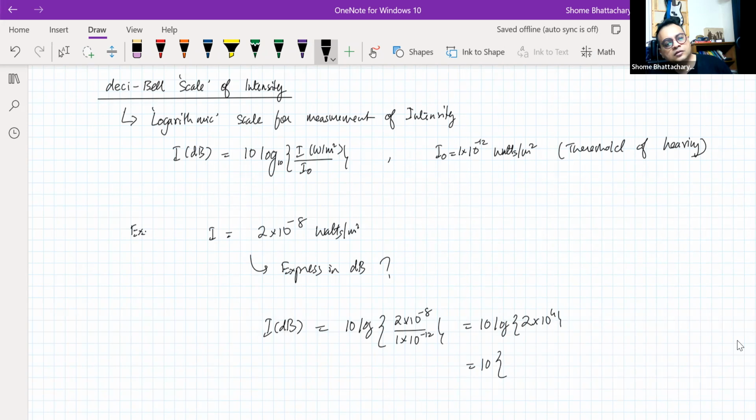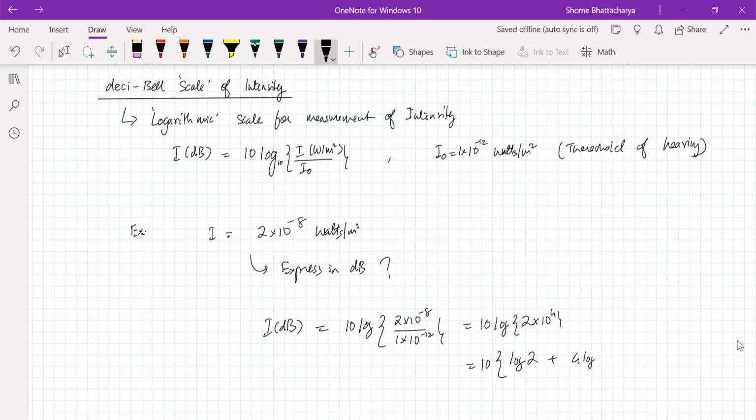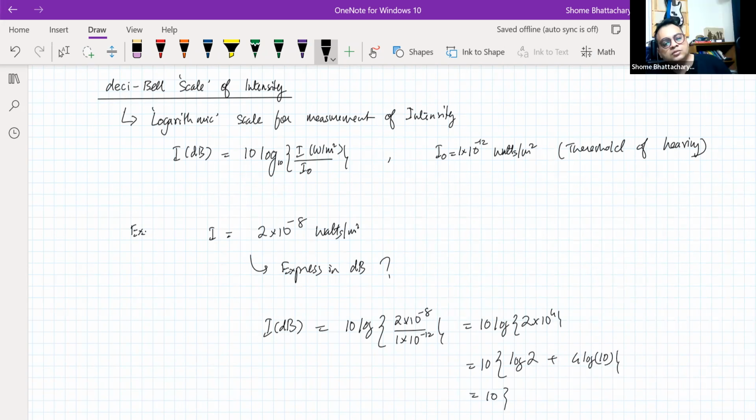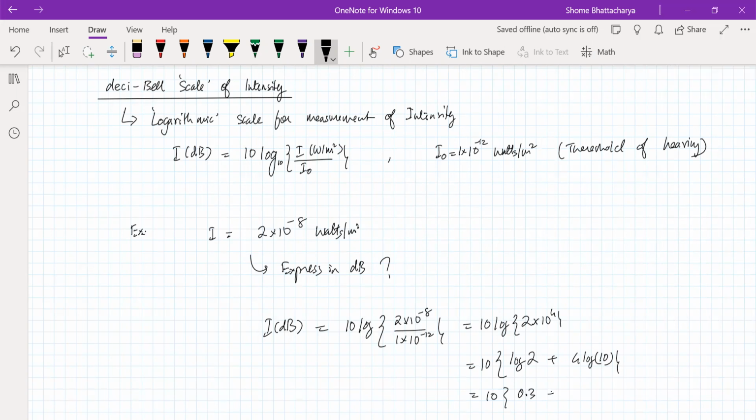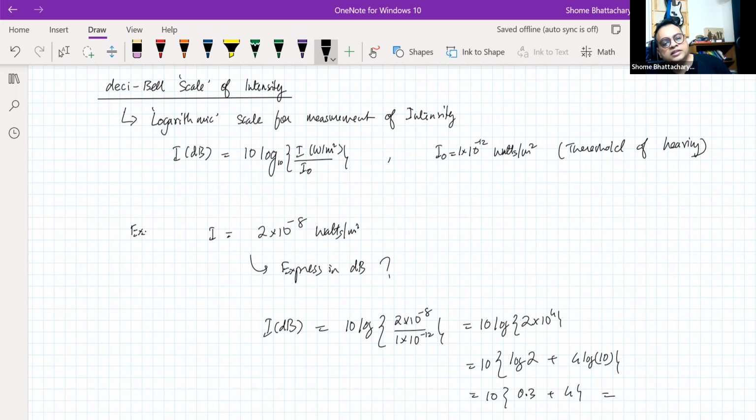So now we can start using the formula of log. Log 2 is about 0.3, and log 10 is 1. So this will be about 43 decibels.